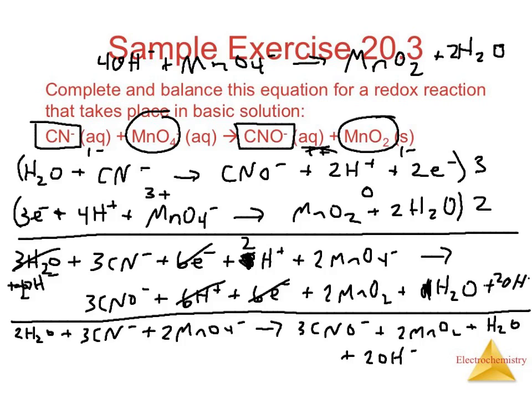There's no H pluses on the product side to neutralize the OH minus, so the OH minus is still there.